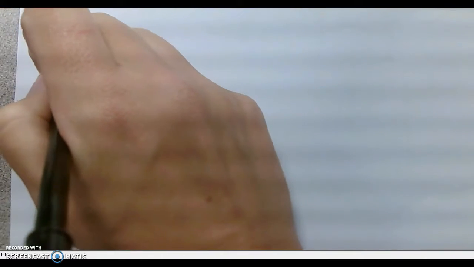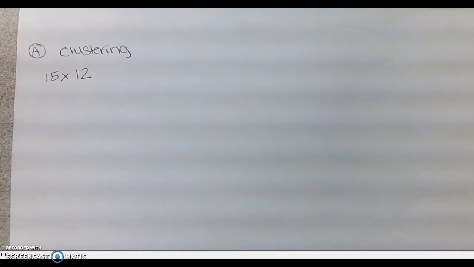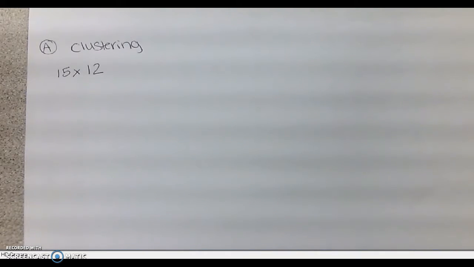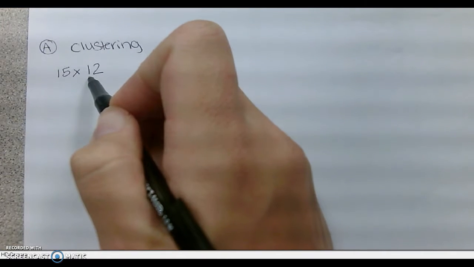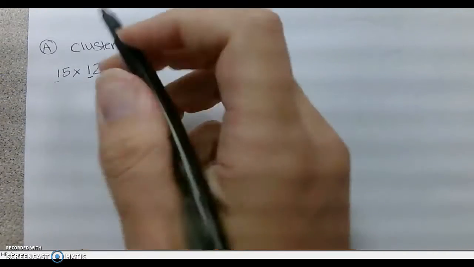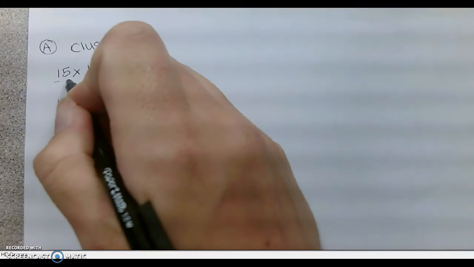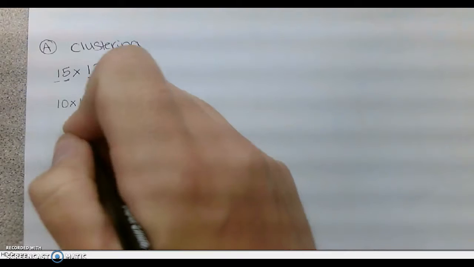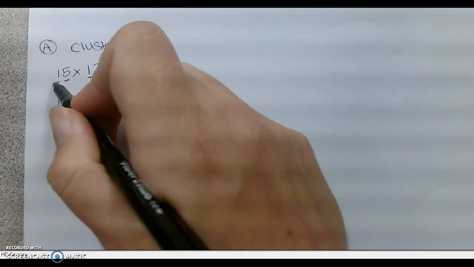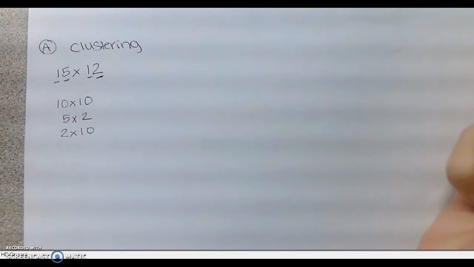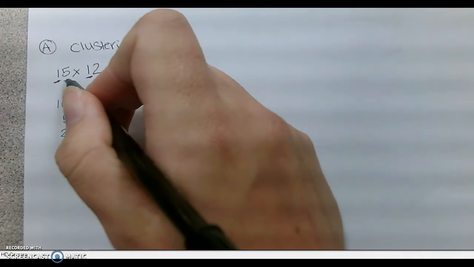My problem that I'm going to be using for this YouTube video is 15 times 12. When they look at this, they just list their clusters. So they say, okay, I'm going to do 10 times 10, and then I'm going to do 5 times 2, and then 2 times 10 and 10 times 5.